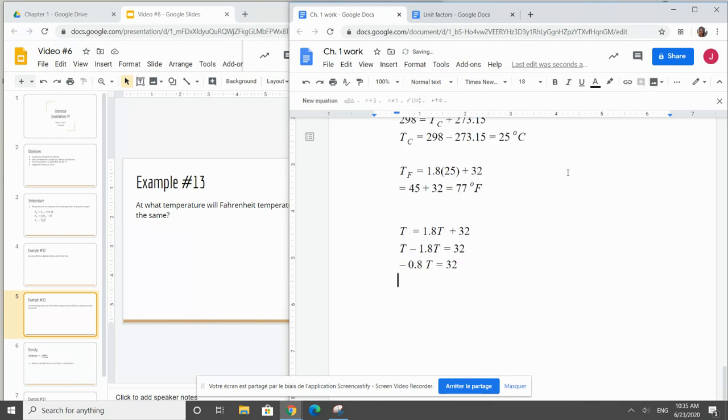Divide by negative 0.8 on both sides. And I'm going to get negative 40. This is not really a sig fig thing since we're looking for an exact number. So negative 40 degrees Celsius is the same thing as negative 40 degrees Fahrenheit.